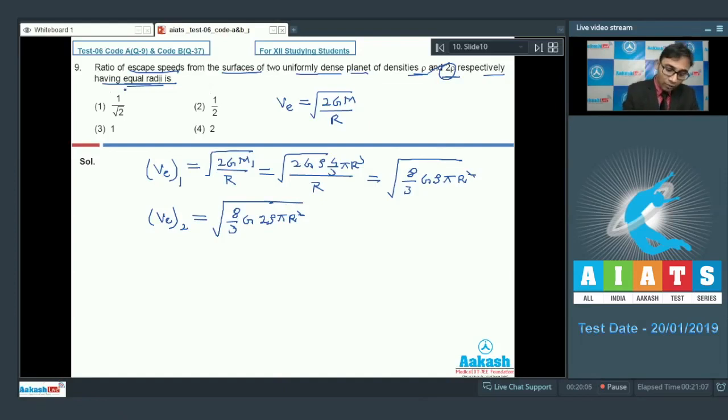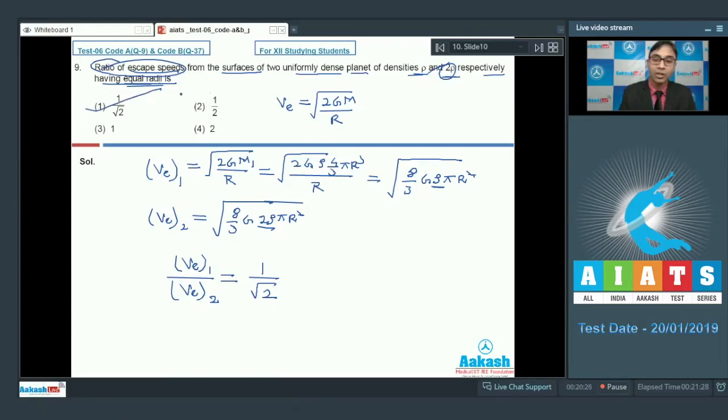We have to calculate the ratio of escape speeds, that means VE1 by VE2. Since all things remain the same, only here it is rho and there it is 2 rho, we can say that our ratio will be 1 by root 2. So our option number 1 will be the correct choice.